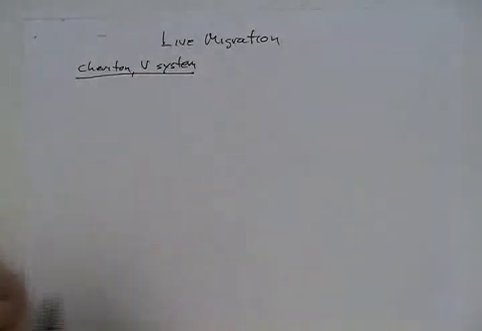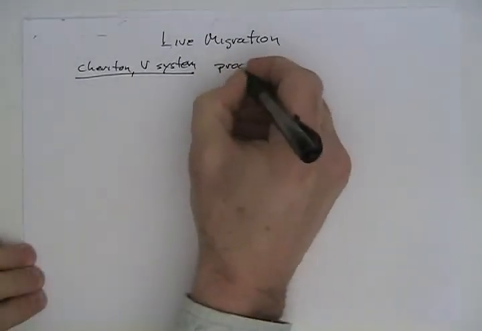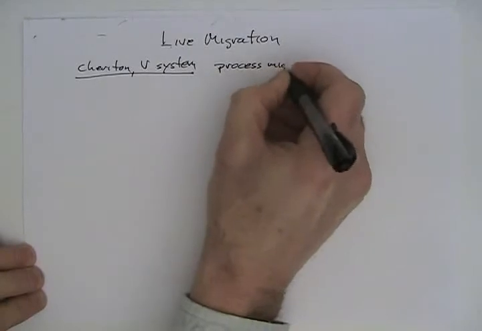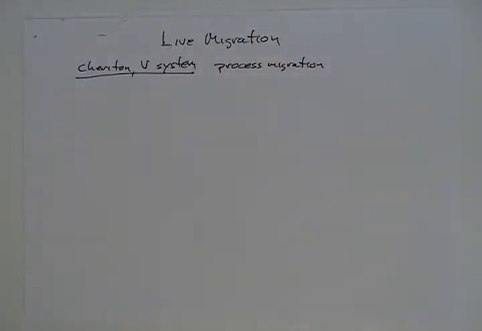There was work at Stanford by David Cheriton in what was called the V system on process migration. There was some earlier work, but this was the first, I think, really efficient one. So migrating processes between different machines.